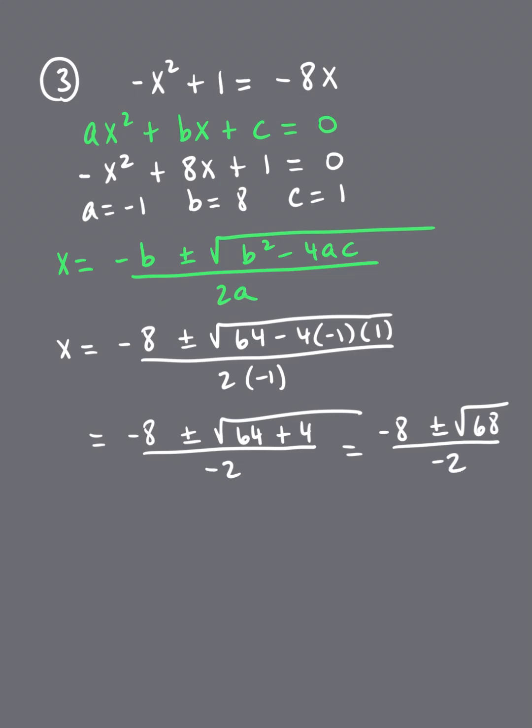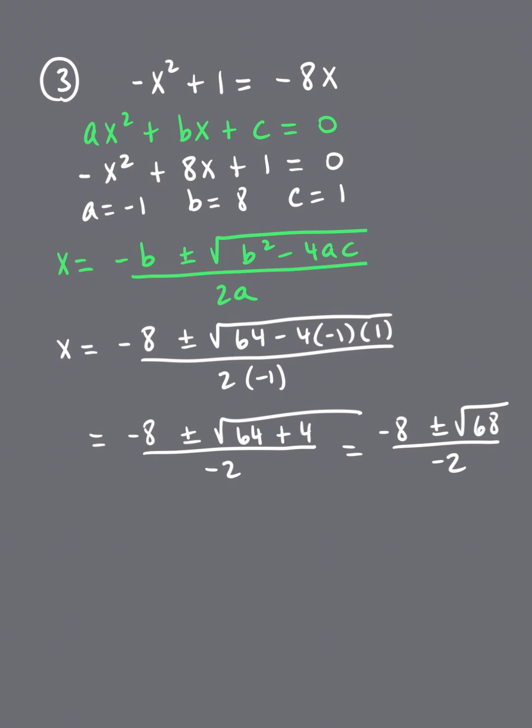Now 68 is not a perfect square, so we need to simplify it as much as we can. What perfect square goes into 68? So you know it's an even number, so you know that you could divide it by 2 and get 34. If that helps you, think about smaller numbers.